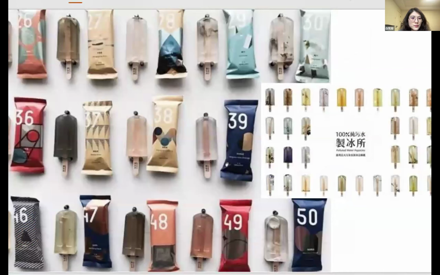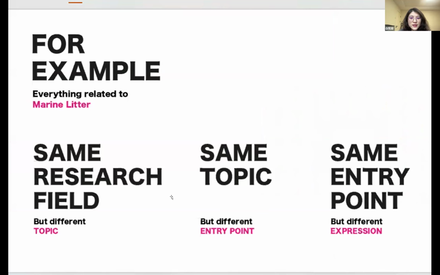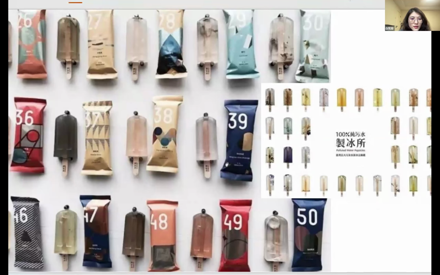So similarly, it's the same problem. We can see this project. This project is called 100 Pure Sewage Ice Cream, made by 3 students from Taiwan University, and they also focus on the issue of ocean pollution but from a different angle. This is the same topic but a different entry point.